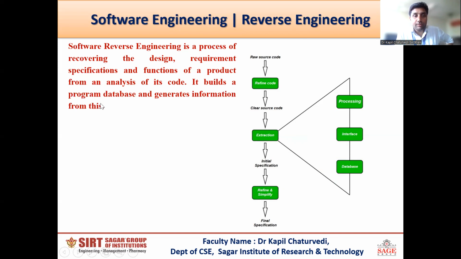It builds a program database and generates information from this. To better understand that, you can refer to the diagram where we try to optimize our code and our software, to make our software more customized, faster, and more robust.